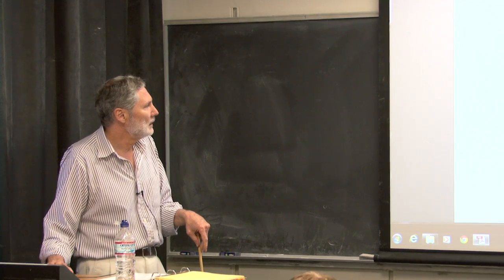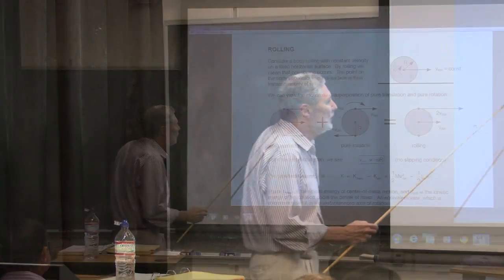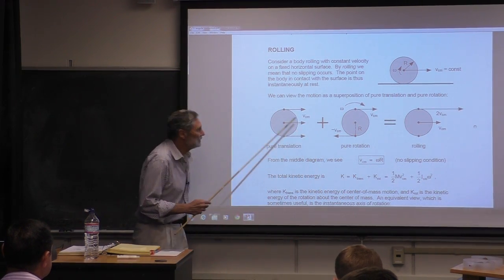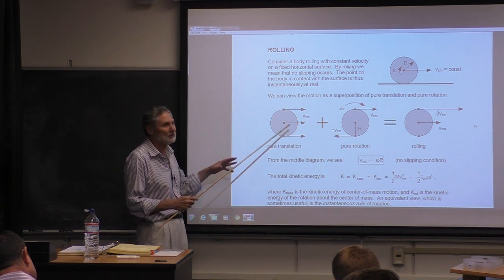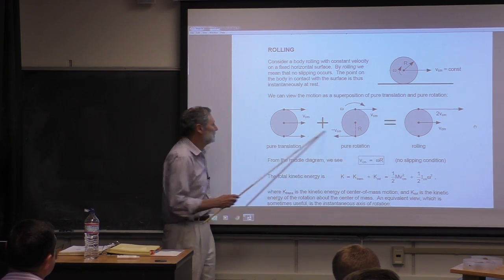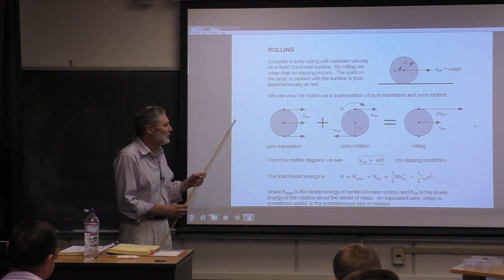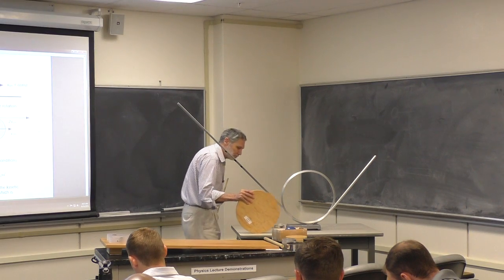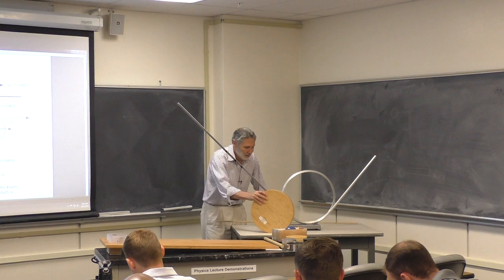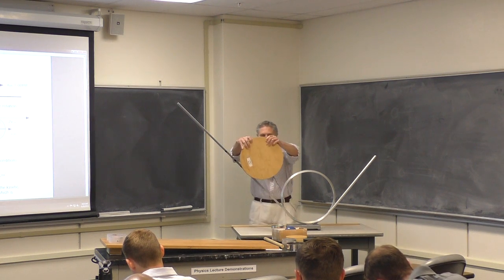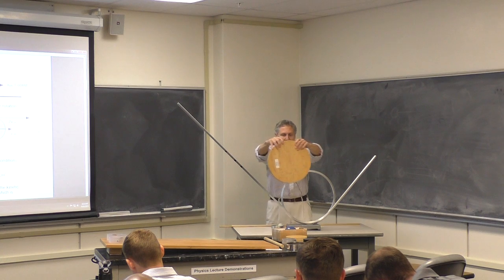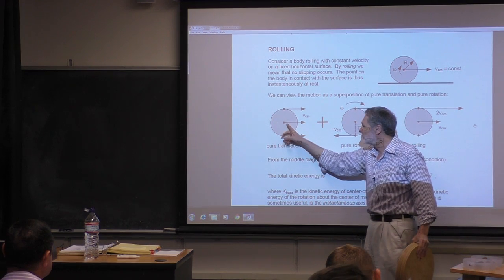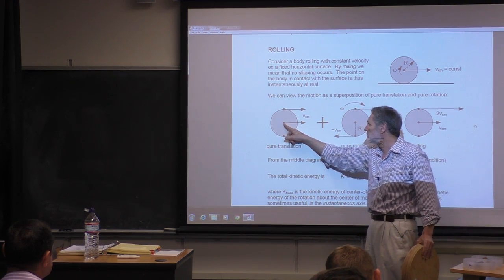And in this case, we can view the rolling motion as a superposition of two simpler motions. So you just add them together. That's what this is supposed to denote right here. So imagine you have a pure translation. Imagine this is just moving along like this, and don't worry about the surface right now. We'll take care of that in a moment. Here's a pure translation. There's no rotation, so all the mass elements have the same velocity, which is the velocity of the center of mass.